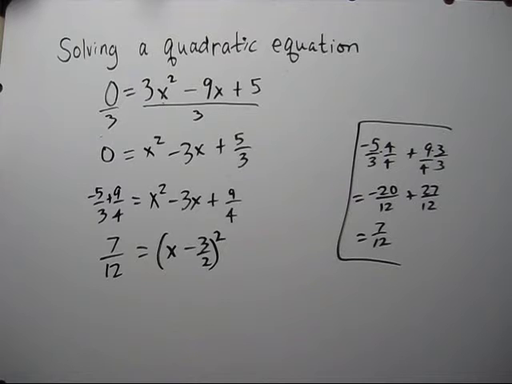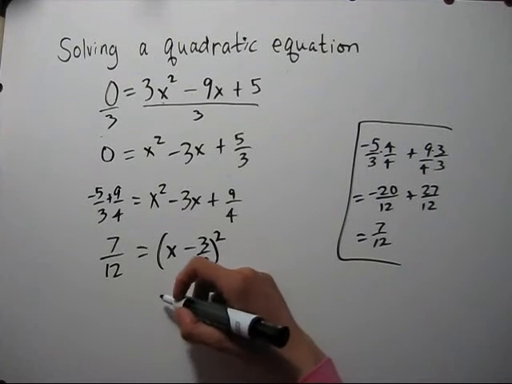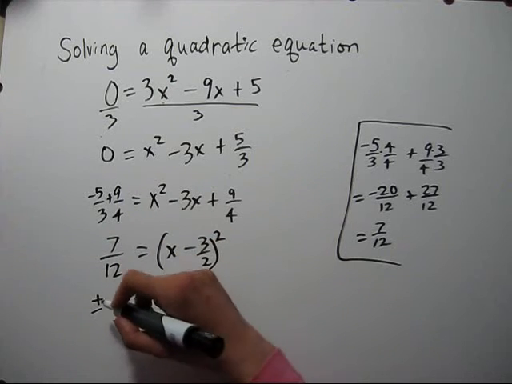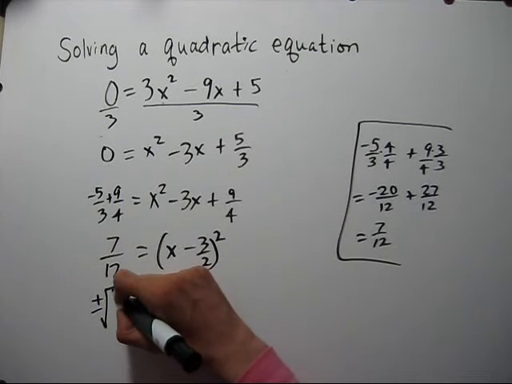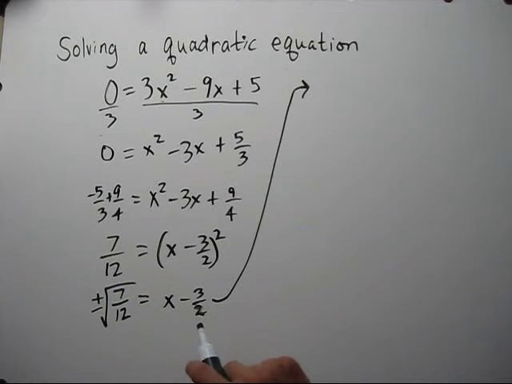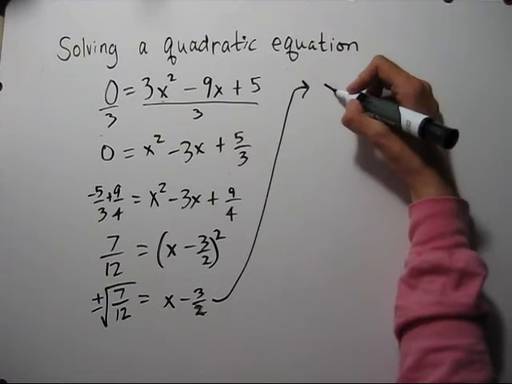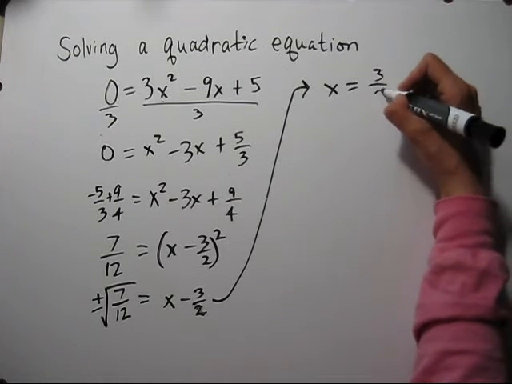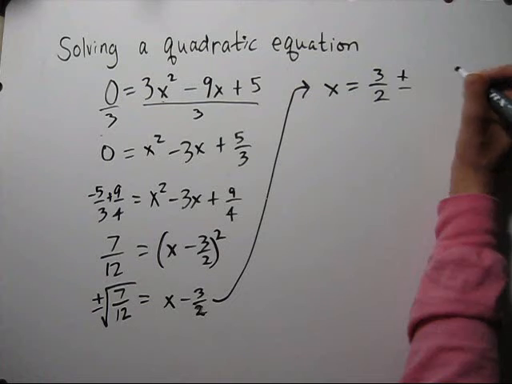Now we take the square root of both sides. Remember, you need a plus or minus. We'll add 3/2 to both sides. So we're going to have x equals 3/2 plus or minus.